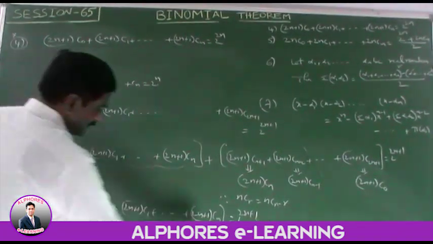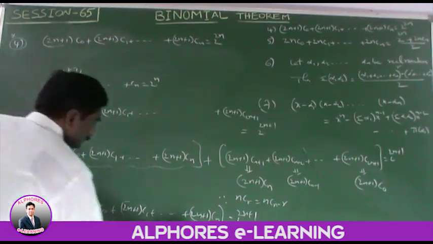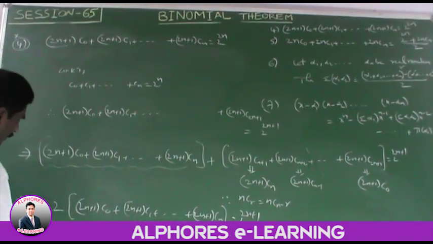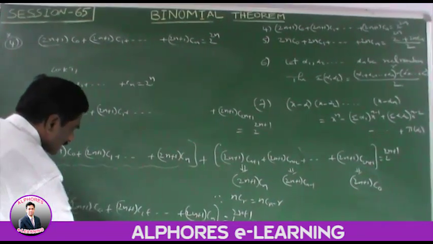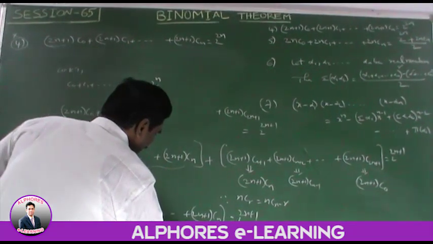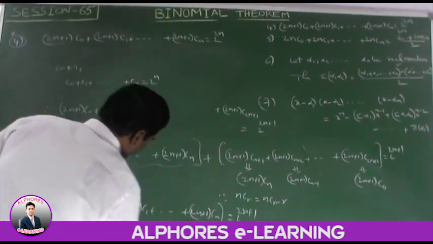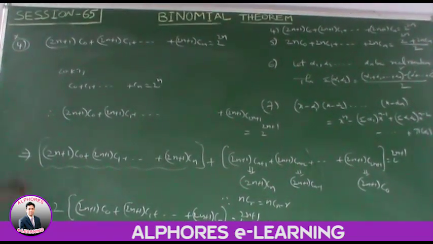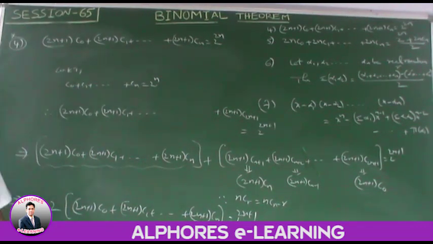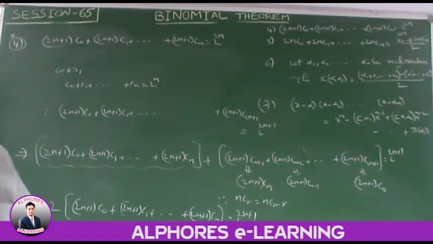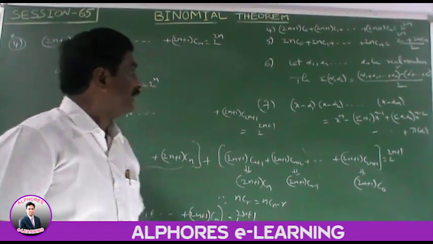Move 2 to the right-hand side. This implies 2n plus 1 C0 plus 2n plus 1 C1 plus so on 2n plus 1 Cn is equal to 2 power 2n plus 1 by 2, that is equal to 2 power 2n. It is the required value. Please note this value. It is equal to 2 power 2n. Very, very important. Next, the fifth one.